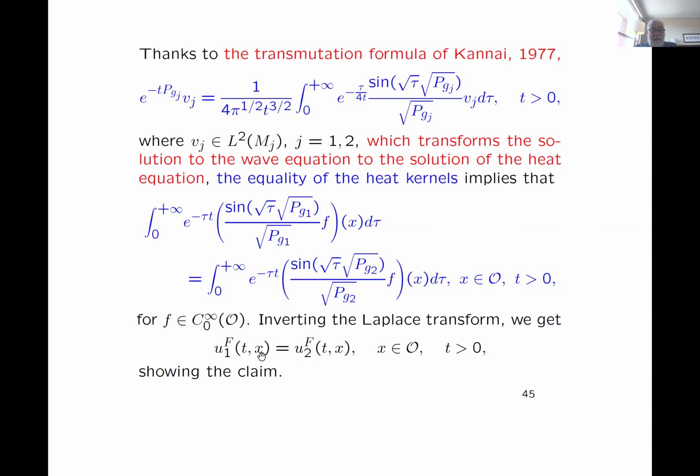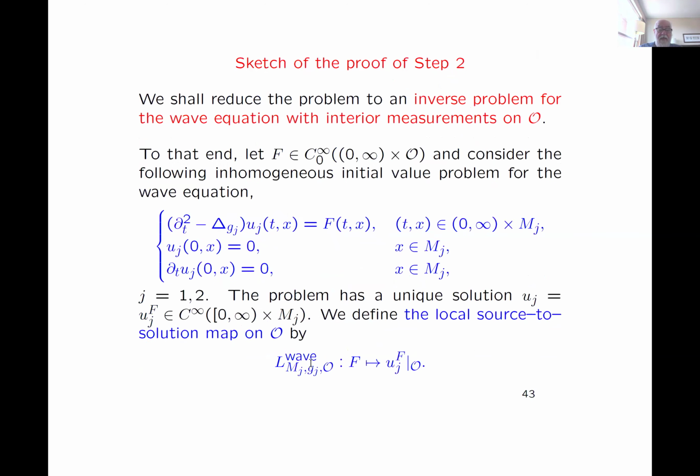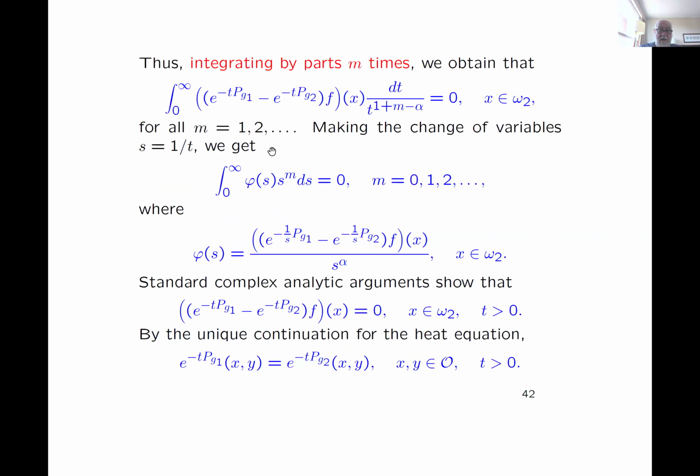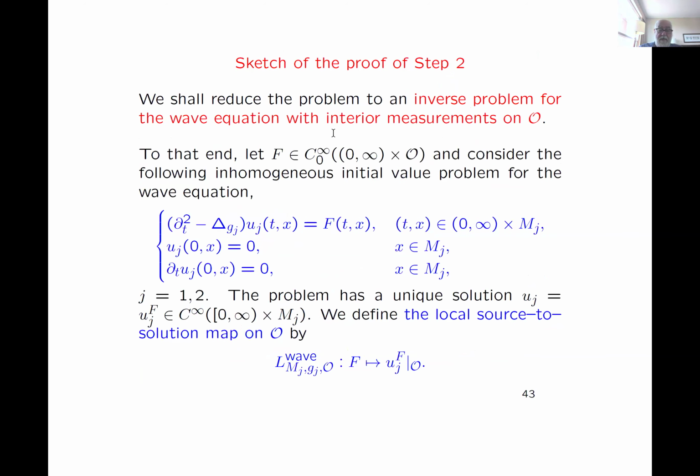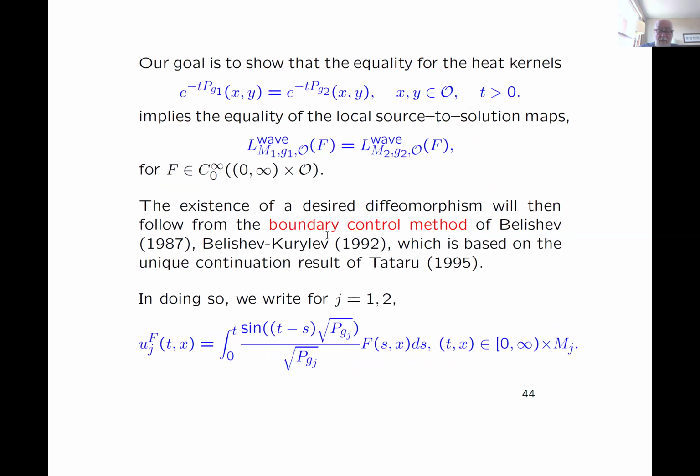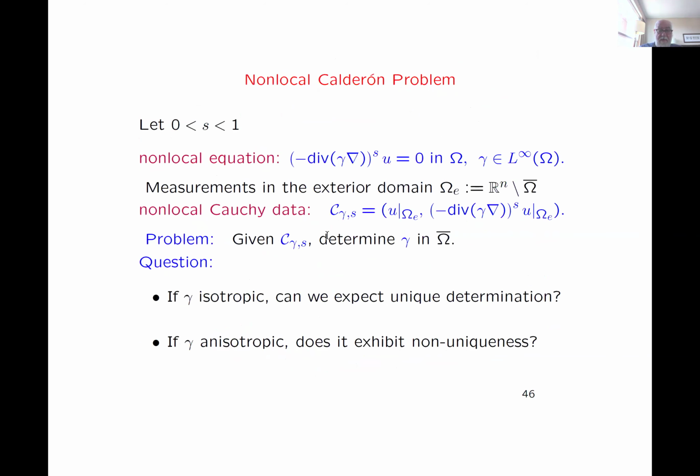And therefore, inverting that, you get that the wave kernels are the same. Maybe one can prove it directly from the heat equation, but since we have this powerful technique for the wave equation, the boundary control, one can use it. And this is the sketch of the proof. Yeah, let me just finish. I'm already out of time.